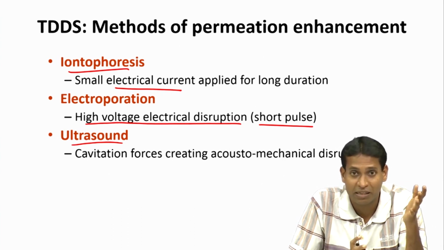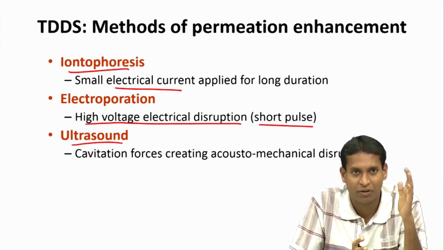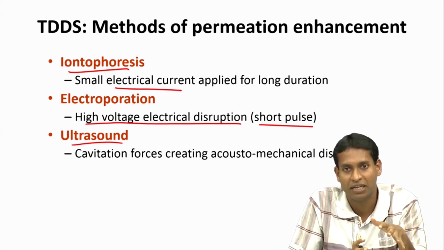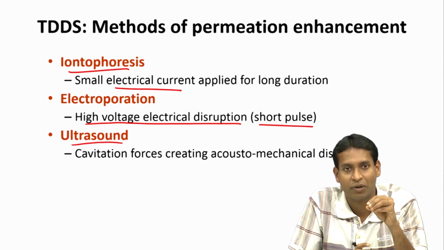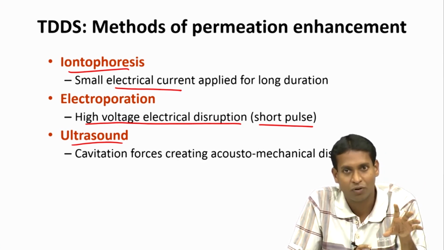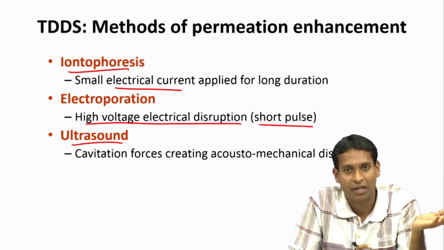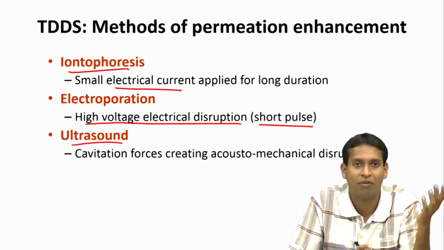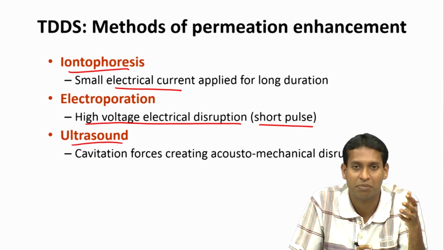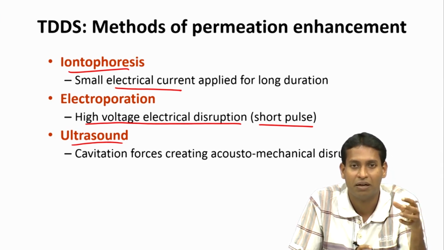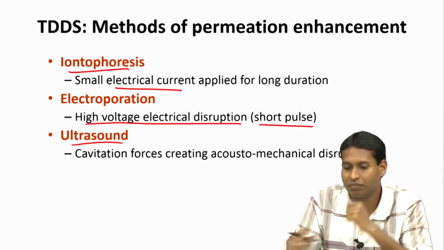So it is a very good capacity. What you are essentially doing is using this property of the skin by disrupting it, because you know that it is going to heal itself very quickly, and then applying the drug for that little bit of duration and letting the drug go through. And because the skin will heal very quickly, you do not have to worry much about how different pathogens may go in if you keep the area in a sterile environment.